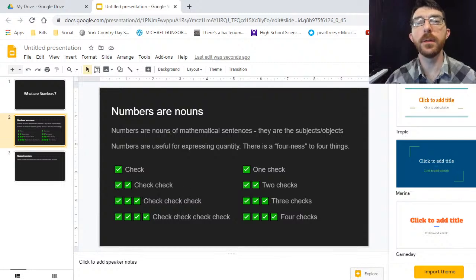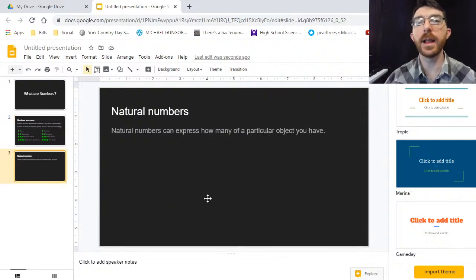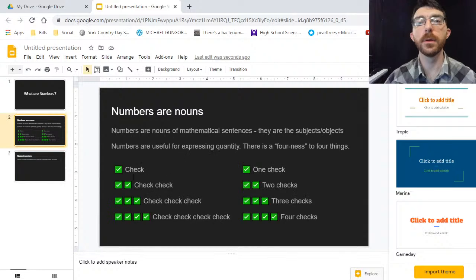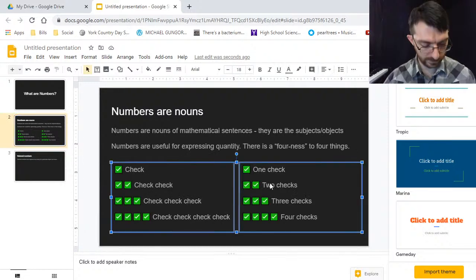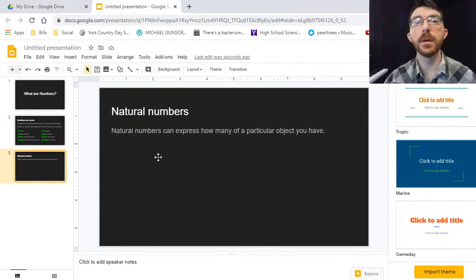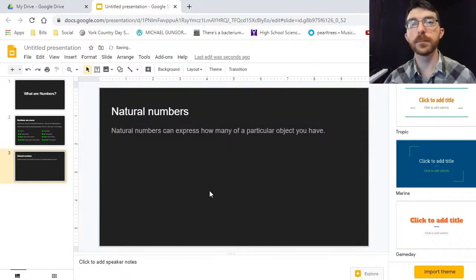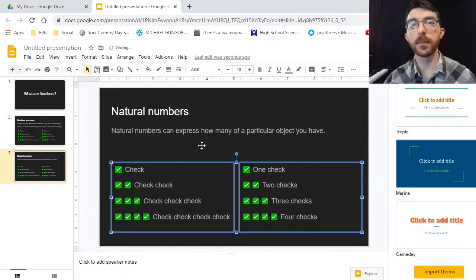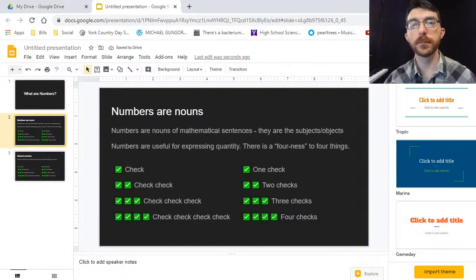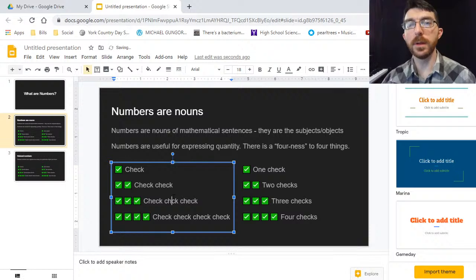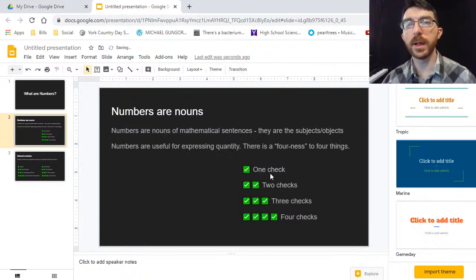Yeah, this should be the illustration for natural numbers. Yeah, that was a mistake. Oh, nuts. Now I don't know what to do on this slide.